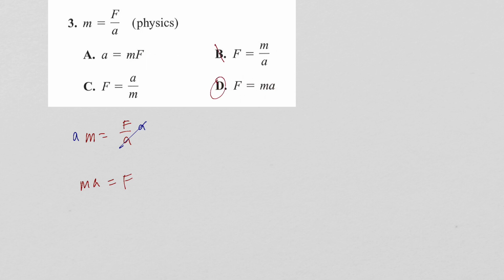So that means we know it's not this and we know it's not this. And if we were to solve this equation for A, we could divide each side by M, and that would give us that A is equal to F over M. That means that this cannot be true, so that's gone. So the only choice that works is D.